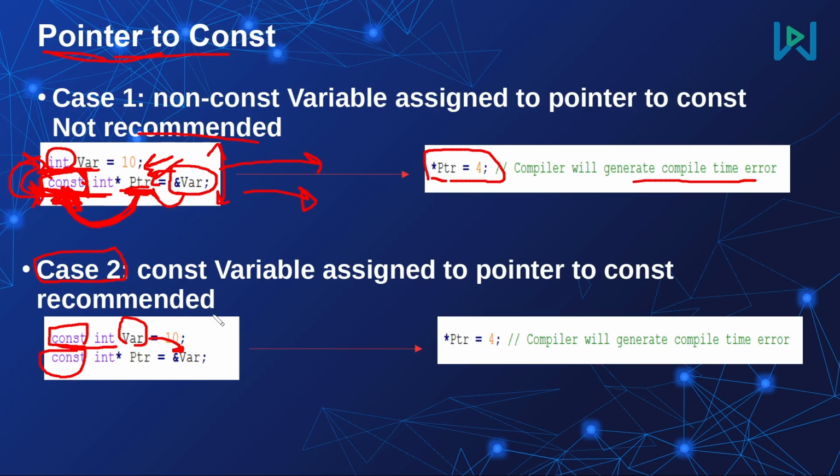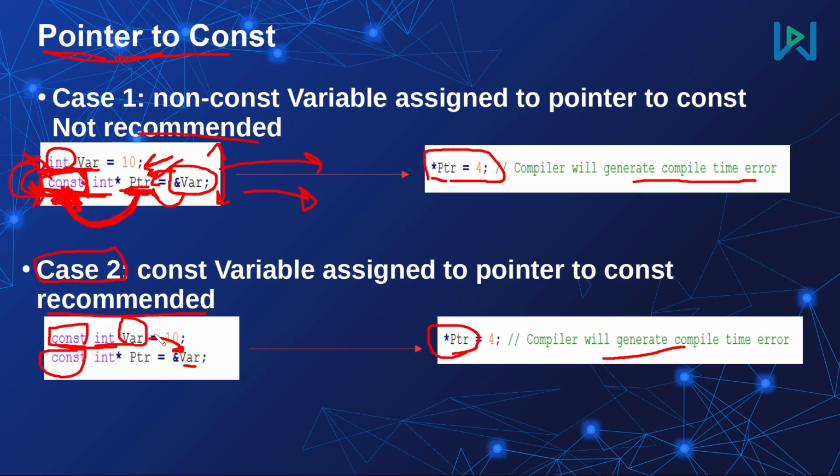And this is the recommended use case. But as in the first use case, we cannot modify or update the content of this variable through our pointer. The compiler will generate a compile time error because we are trying to update and modify a const variable. So the behavior will be the same as accessing the variable itself.